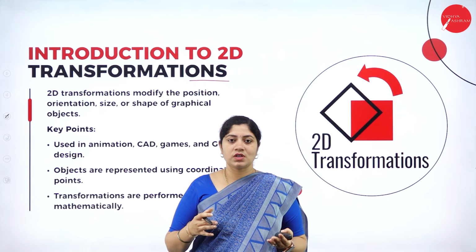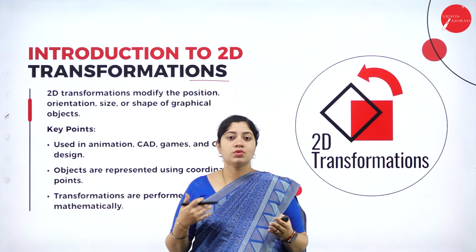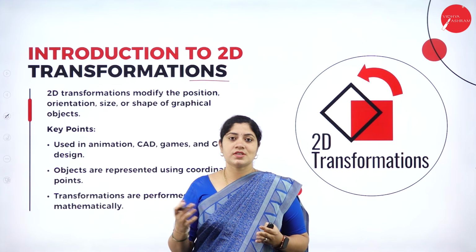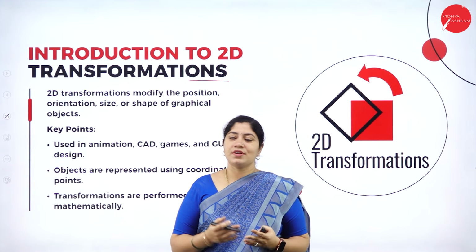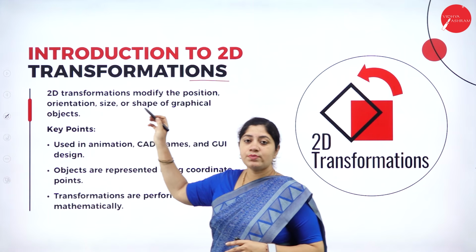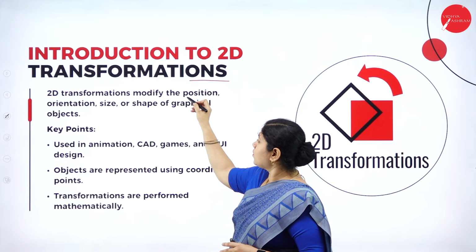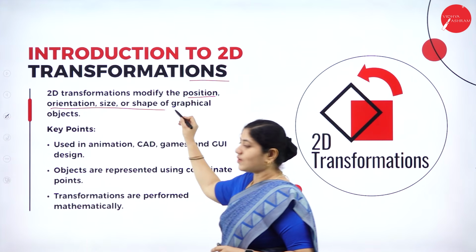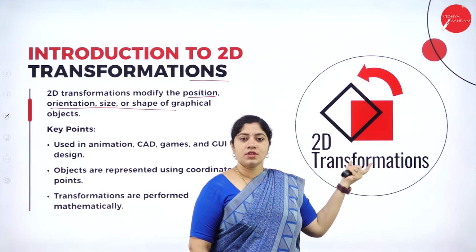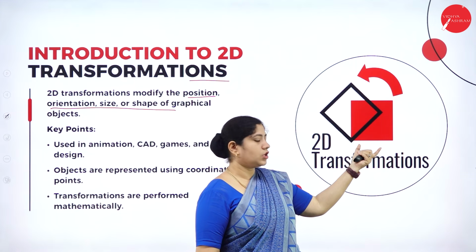Now, while transferring this, we also make some changes that make the image represented in a more qualified manner. So a 2D transformation is particularly utilized to modify the position, orientation, size, as well as shape of a graphical object.